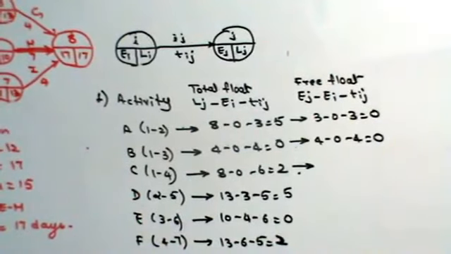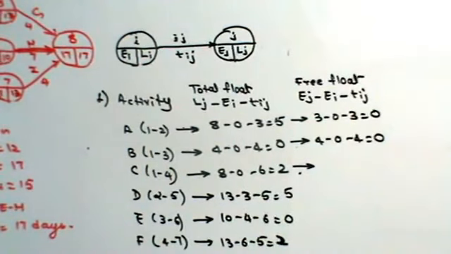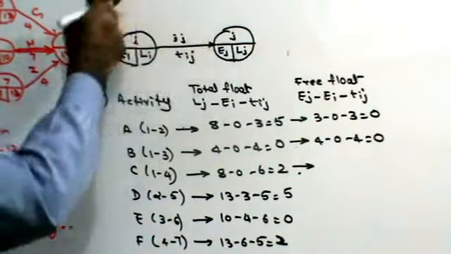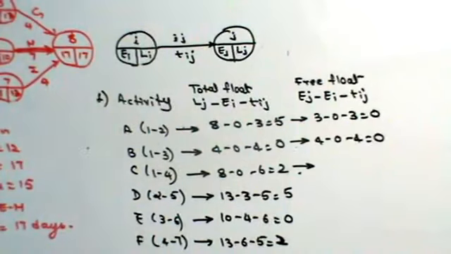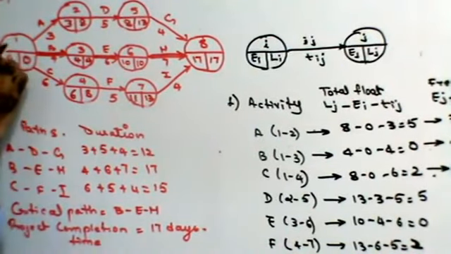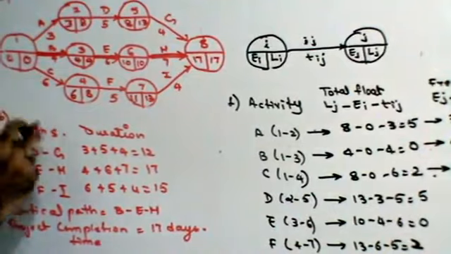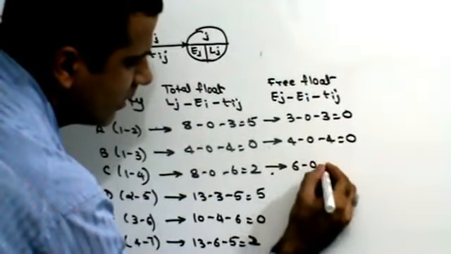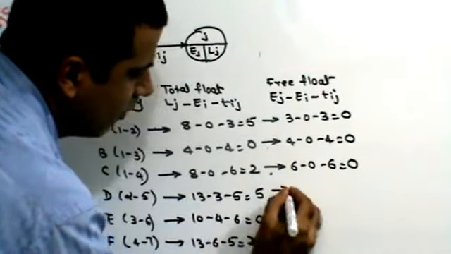This also has two formulas, yes, I will give you all the formulas. Right now, I'm just giving you formulas based on this particular network diagram, so that you can calculate from the network and don't need any other table. For activity C, it is 6 minus 0 minus 6, 0.